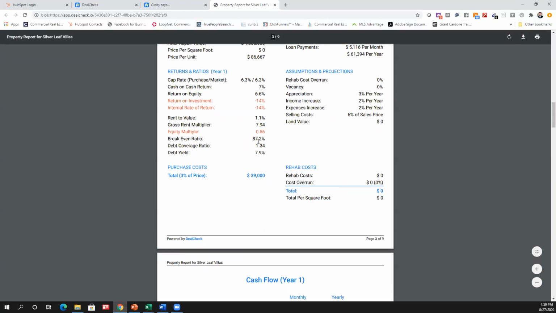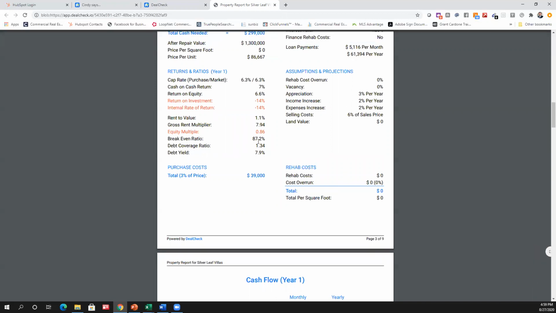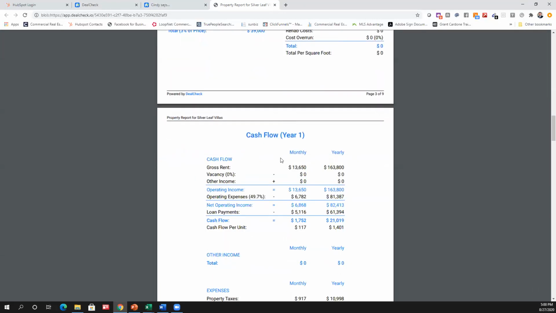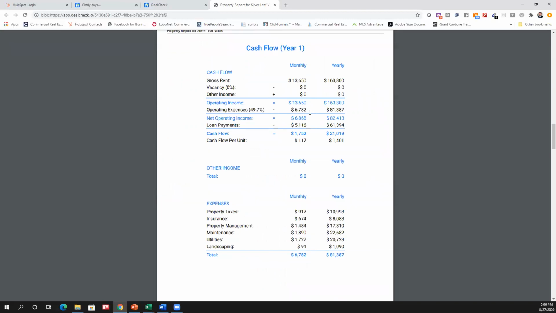What that means is they want 1.25 times the net operating income to cover the loan amount, the debt service. So if that number's not at least at that, then you can expect to probably be underwater if you're financing it. So here's our analysis again.